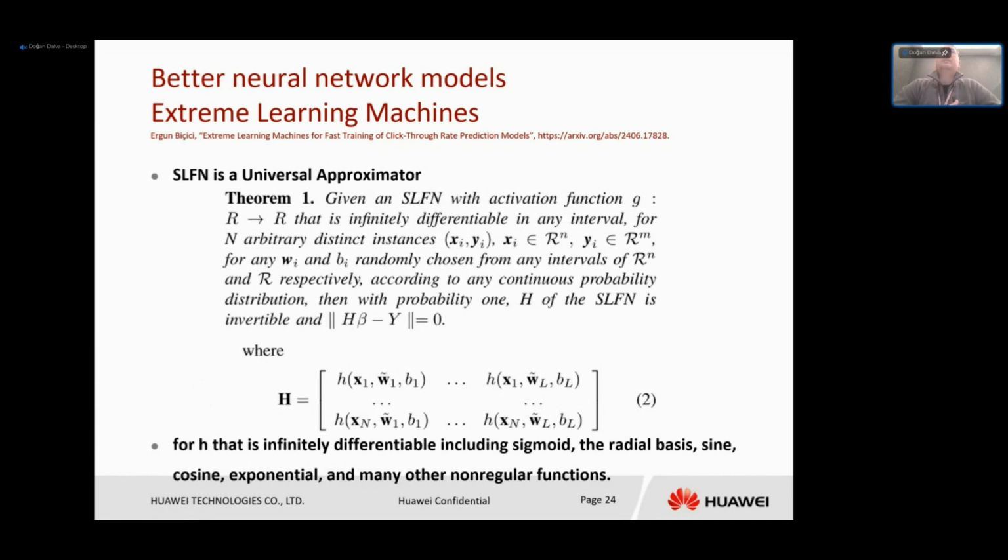Given an activation function that is infinitely differentiable in any interval, for any randomly chosen weights Wi and Bi, the weight matrix W and bias weights B, we can find a weight beta that will approximate the output with probability 1. So the error will be 0 with probability 1.